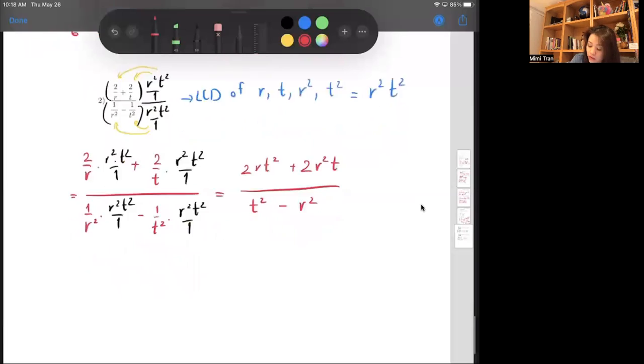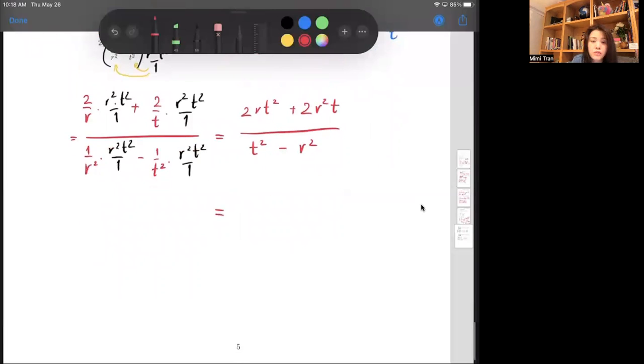Let's simplify. Now the bottom you can write as T minus R times T plus R. The top, what can I factor? I can factor out the GCF, which is 2, and then R, and then T. So what's left? For the first term, what's left is T, because you need T squared.